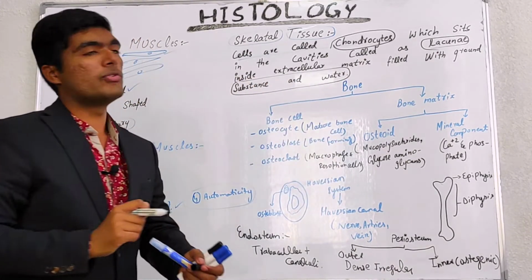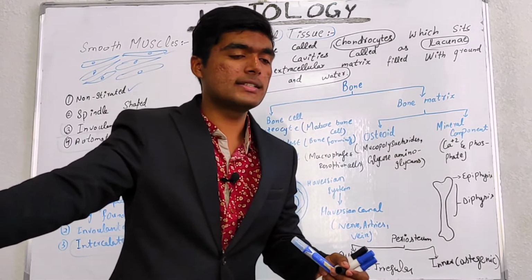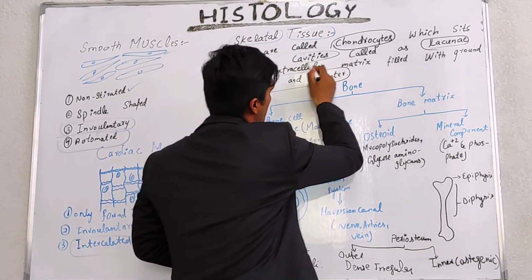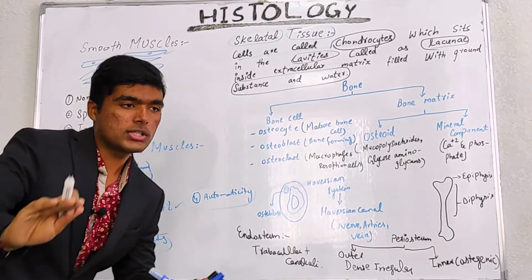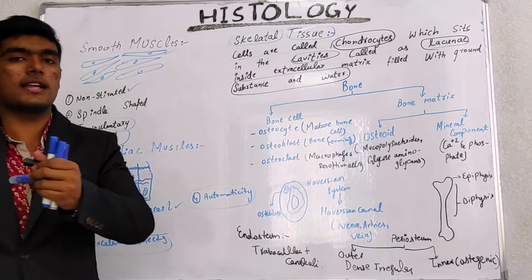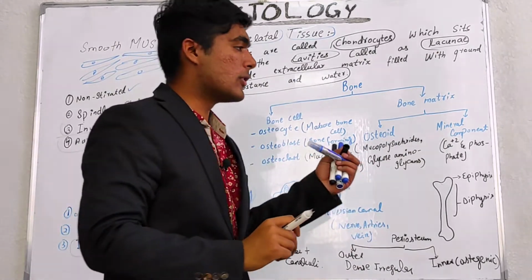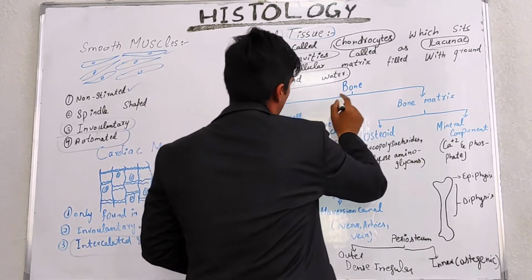Simply put, we have cells known as chondrocytes, they lie in cavities named lacunae, and those lacunae are placed in the extracellular matrix, which possesses ground substance and water.